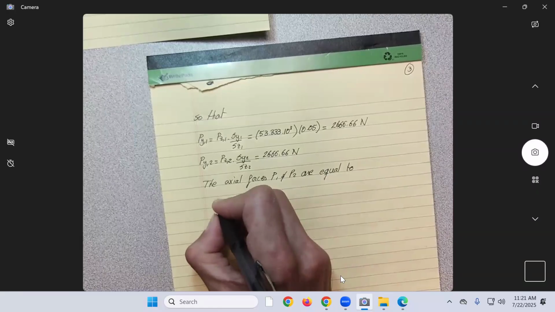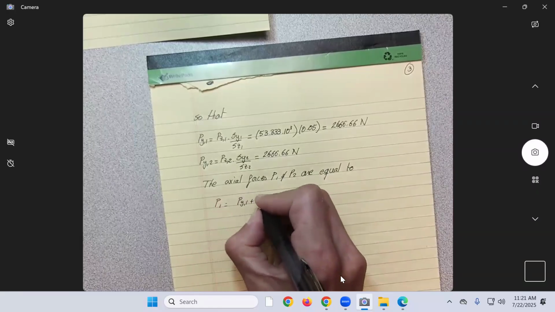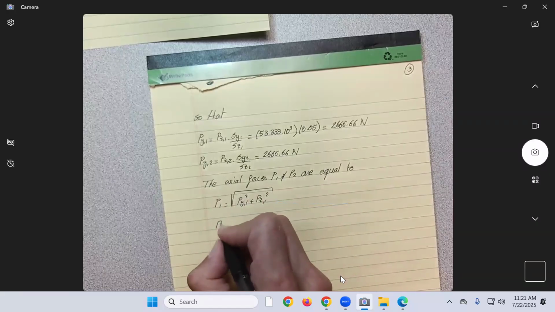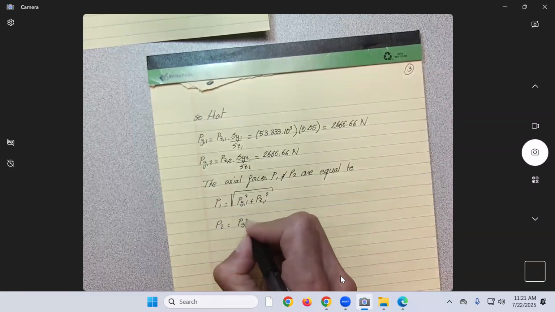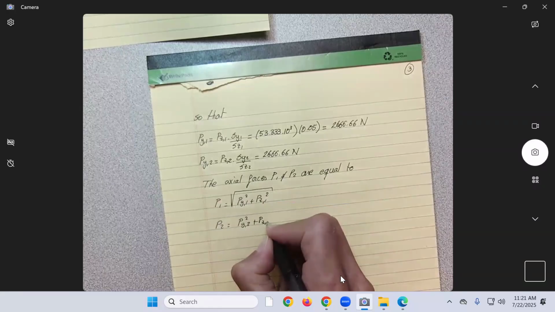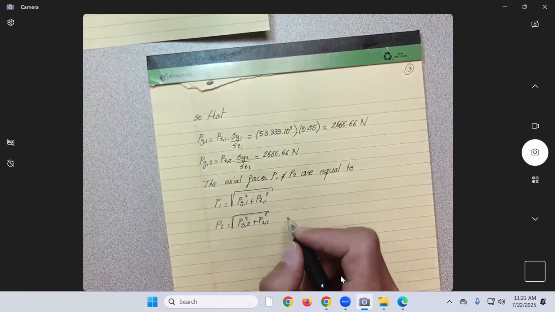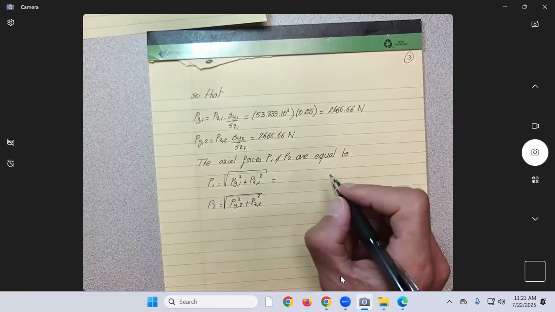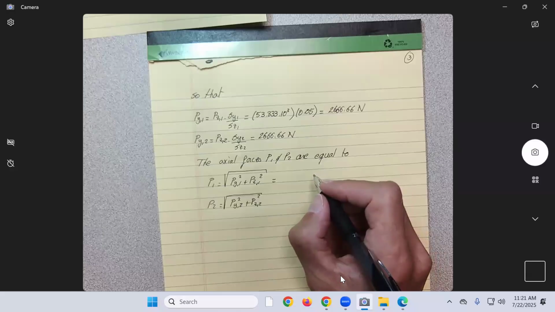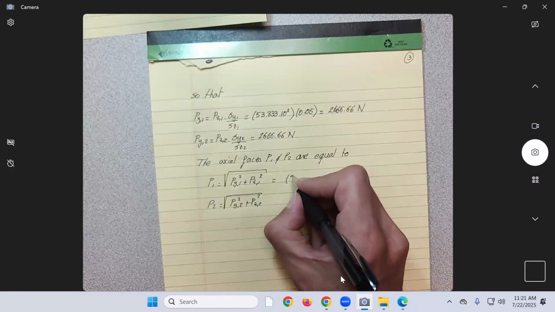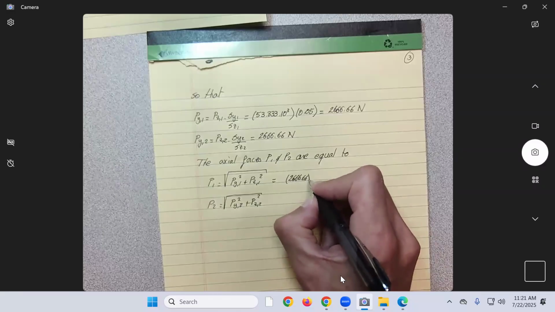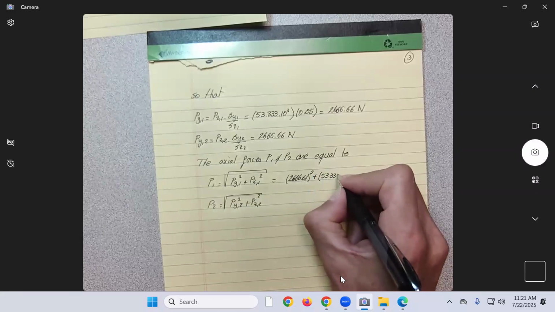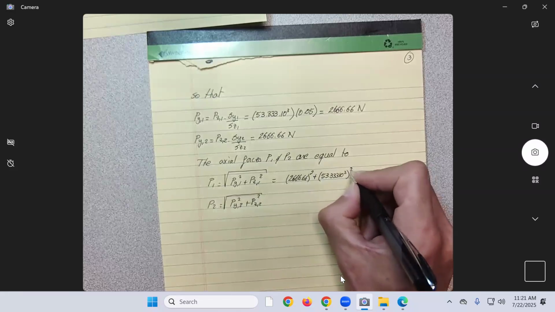P1 equal to the square root of Py1 squared plus Pz1 squared, and P2 equal to the square root of Py2 squared plus Pz2 squared. So the first one, Py1 is 2,666.66 squared plus Pz1, 53.333 times 10 to the 3 squared.